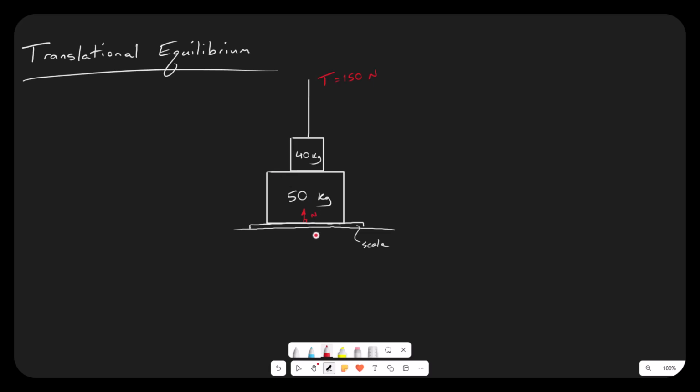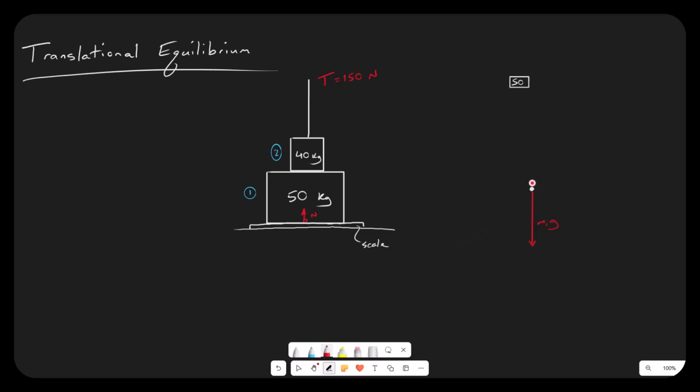Here we go. I'm going to start with a free body diagram, and I will draw one for this bottom box. So on that box I have this downward force from gravity. I will call this thing box 1, this thing box 2. So I have this downward force from gravity of m1 times g.